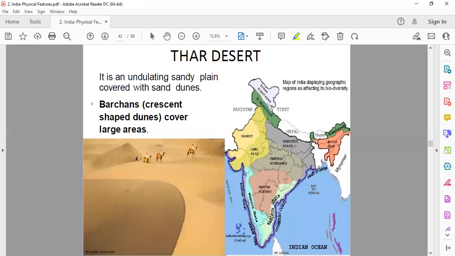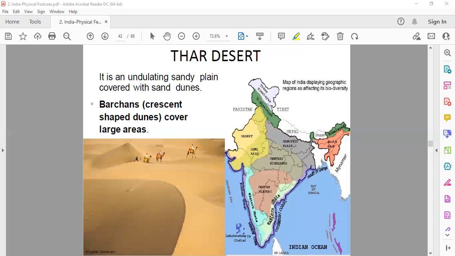Next. It is an undulating sandy plain covered with sand dunes. Barchans, crescent-shaped dunes, cover large areas. What is a barchan? Very important.